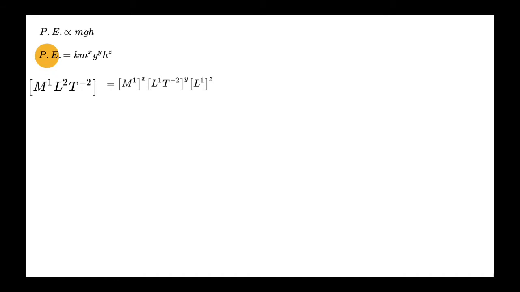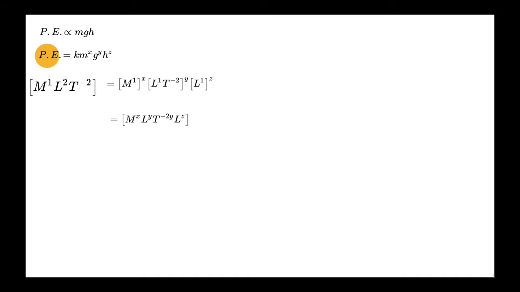Now what will you do? Solve the right hand side. So M raised to 1 raised to x will be M raised to x. L raised to 1 raised to y will be L raised to y. T raised to minus 2 raised to y will be T raised to minus 2y, and L raised to z.